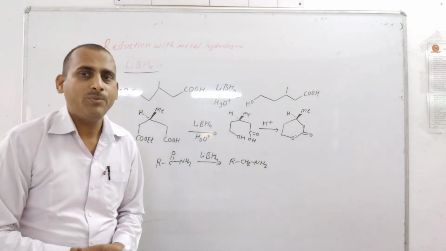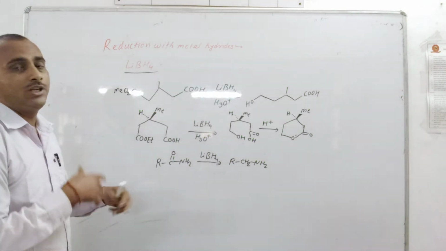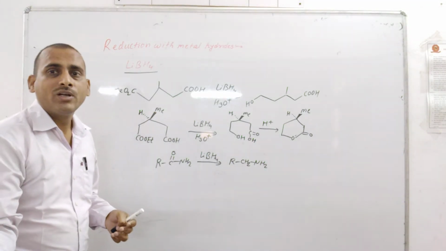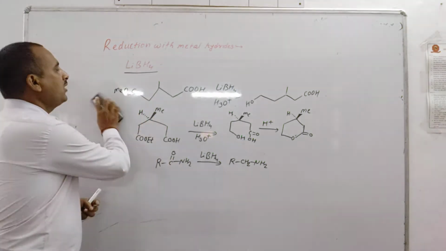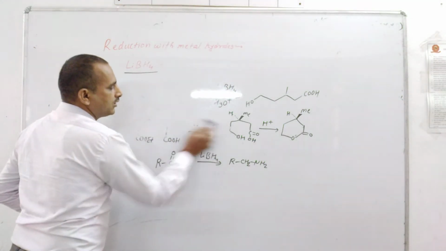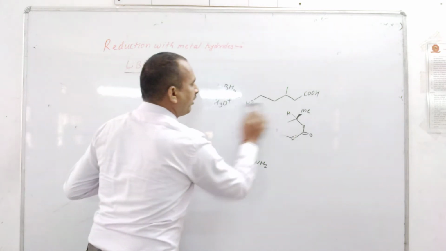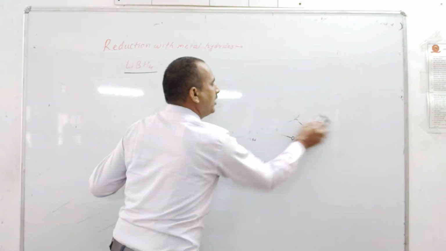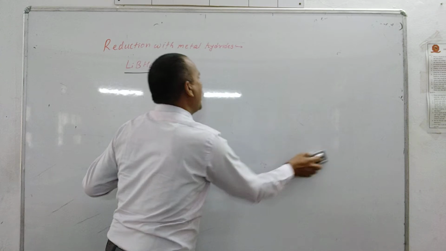Let's see another type of metal hydride which acts as a reducing agent, such as diisobutyl aluminum hydride, simply called DIBAL hydride.